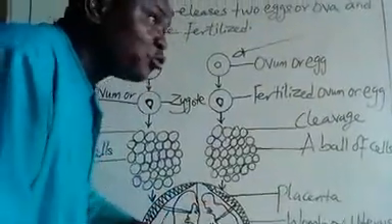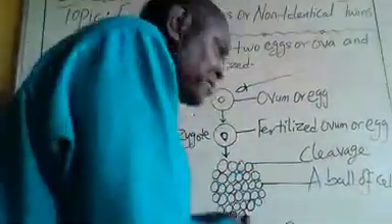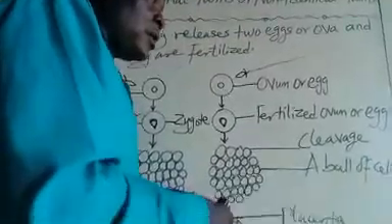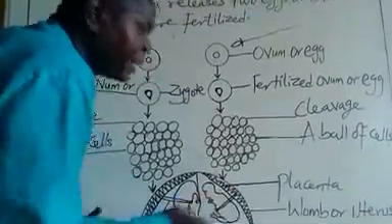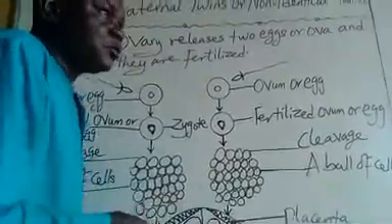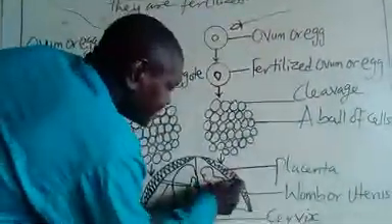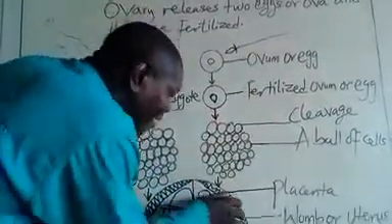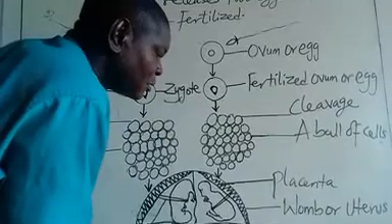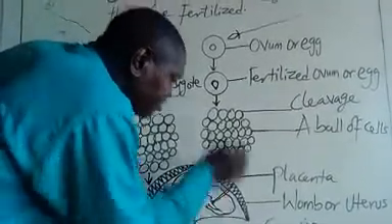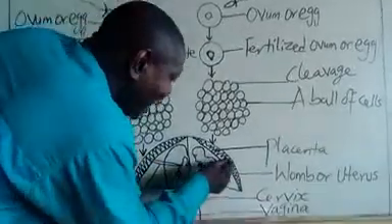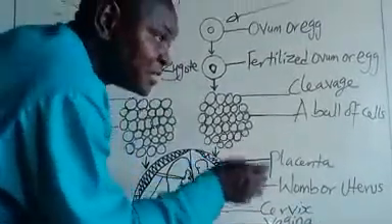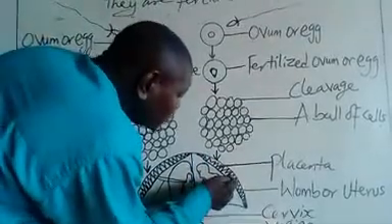This is a channel through which the nutrients and the oxygen pass through to the fetus, to the fetal blood. Oxygen and nutrients from the mother pass through.